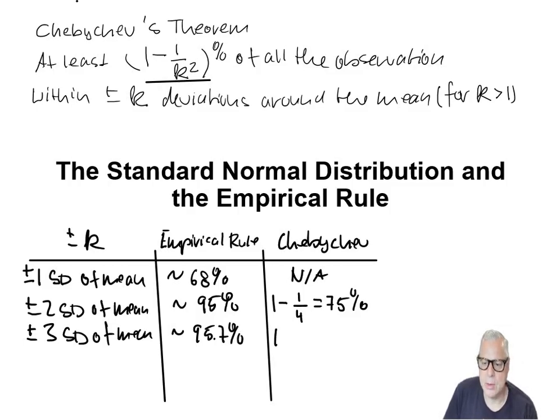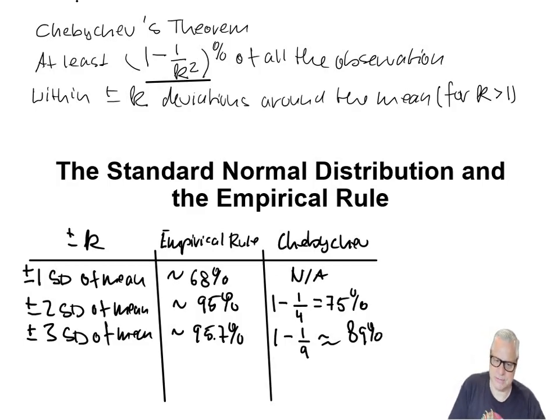And now, according to Chebyshev's theorem, we would have 1 over 3 squared, that's 9. Then that's roughly 89%. So that means Chebyshev's theorem says that we have at least 75% of all the observations within 2 standard deviations, and at least 89% of all the observations within 3.